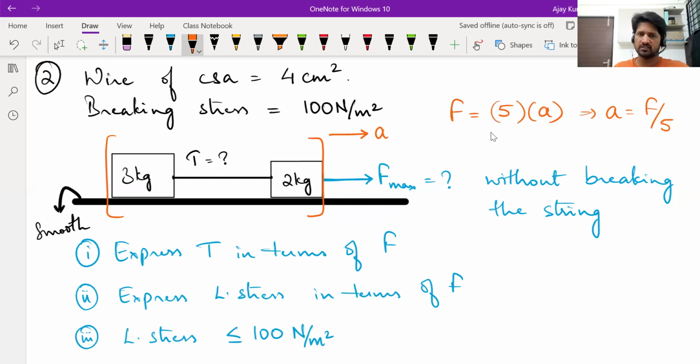If F is in SI units, we'll consider everything in SI units. Once you know acceleration, how do you calculate tension? Can any of you tell me? If you know the acceleration of these blocks, how will you calculate tension from it? Generally, if you know acceleration, how do you calculate force?